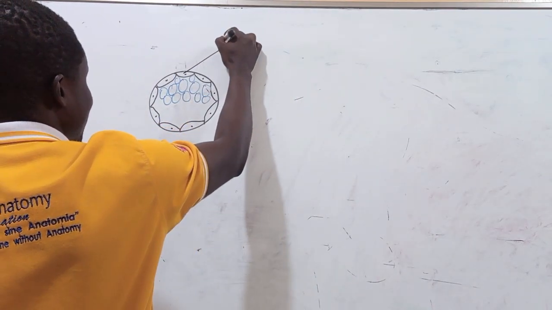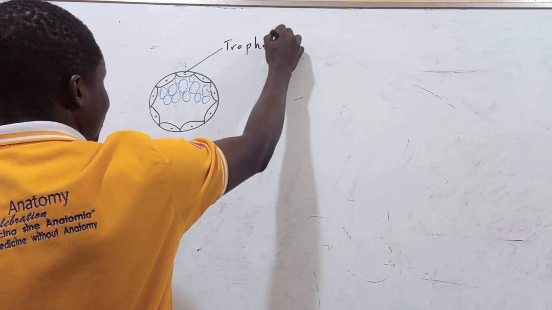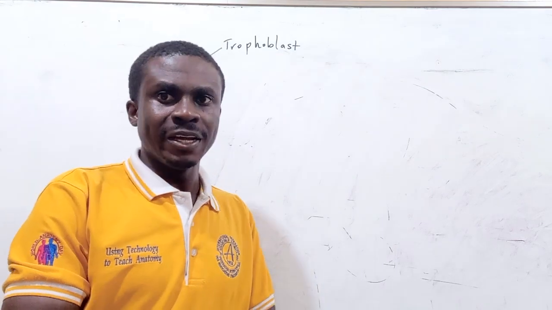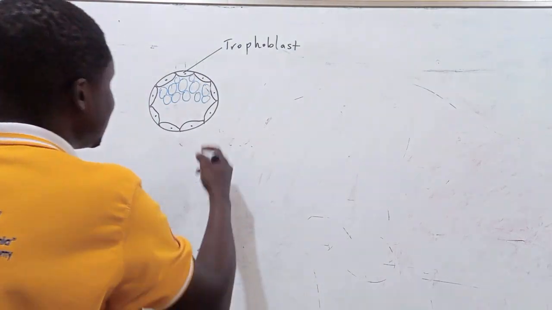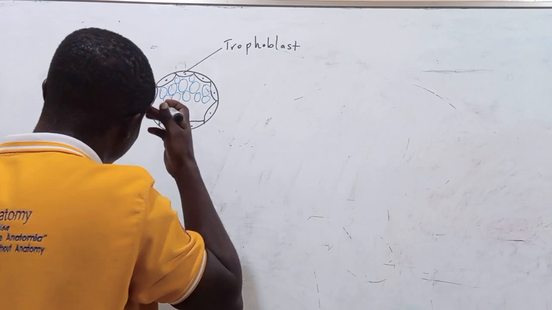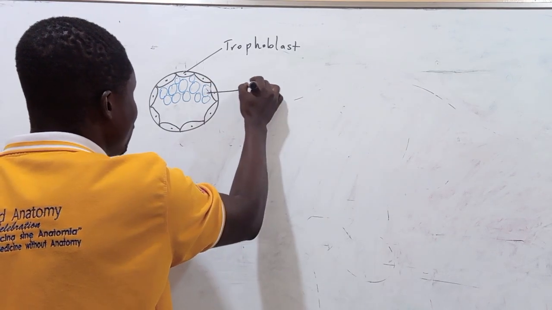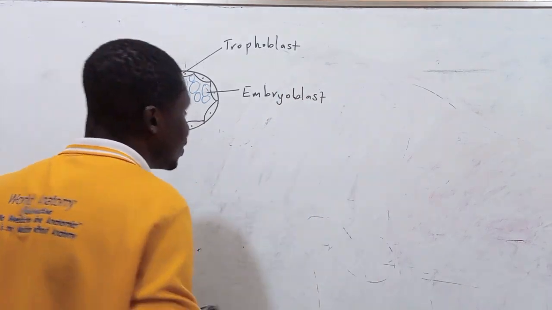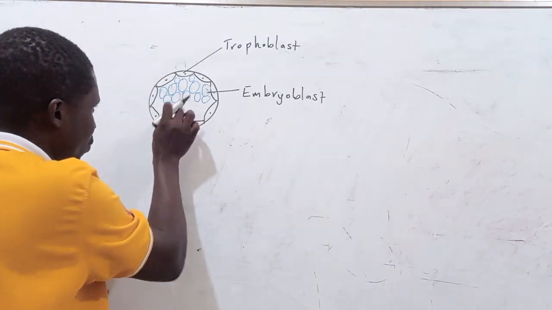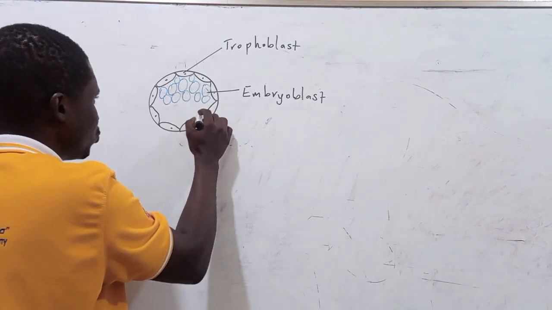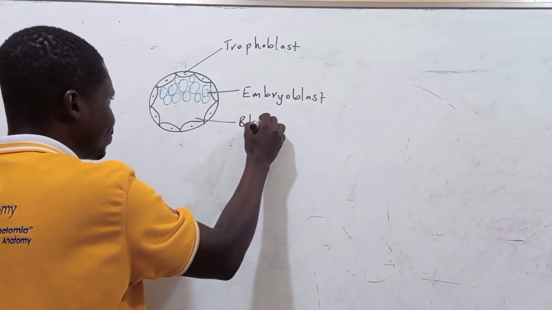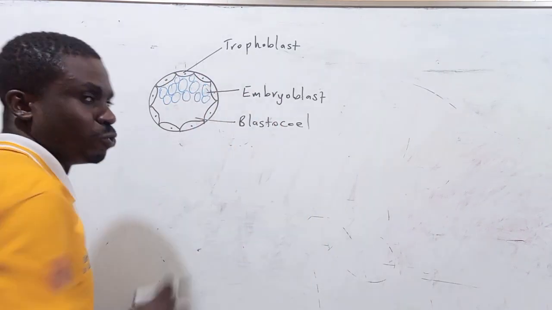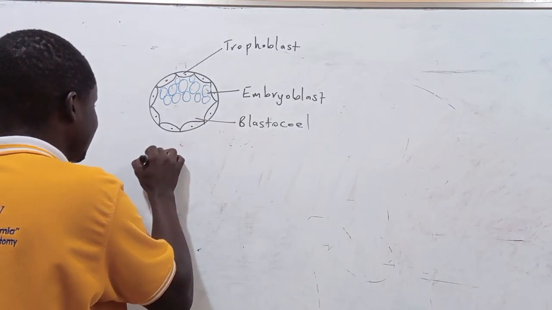So this is the trophoblast. Then the next thing is that you will see these cells, which we call the inner cell mass. In this case, we want to call it embryoblast, with of course the cavity filled with that fluid, which we are calling blastocele. And that is why this whole conceptus is known as blastocyst.